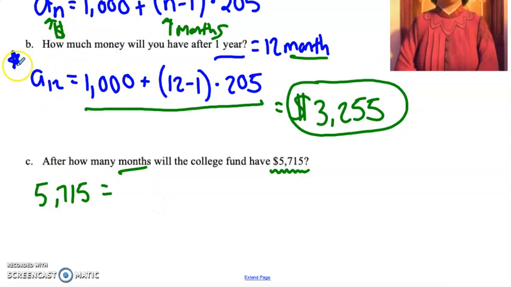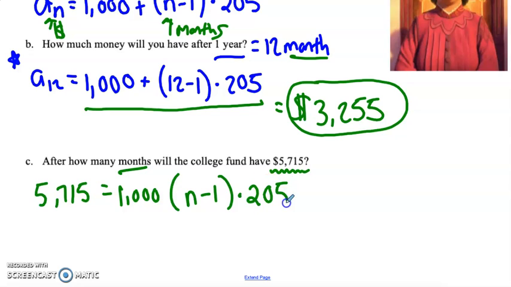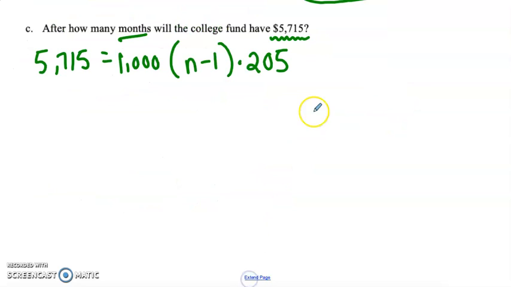I've got the exact same formula. So 1,000 plus our n minus 1, and then multiply it by $205. I'm trying to figure out what month, so I'm going to be working backwards. Same first steps. Step 1 is going to be distribute.